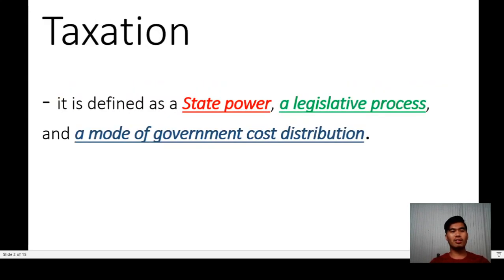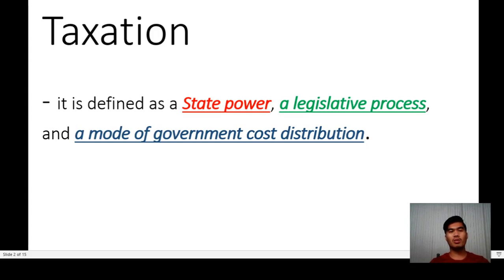So what is taxation? Taxation is defined as a state power, a legislative process, and a mode of government cost distribution. Taxation is a state power where every state has the inherent power to tax. Also, it is a legislative process.